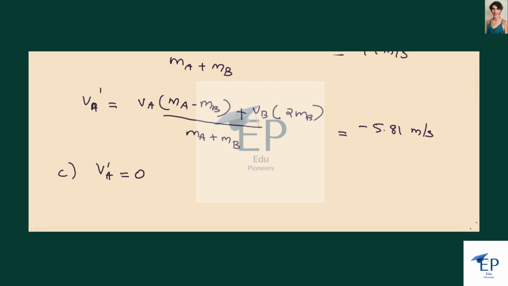Then using law of conservation of momentum, we can write Vb prime is equal to Ma Va plus Mb Vb all divided by Mb, which is equal to 0.13 meter per second.